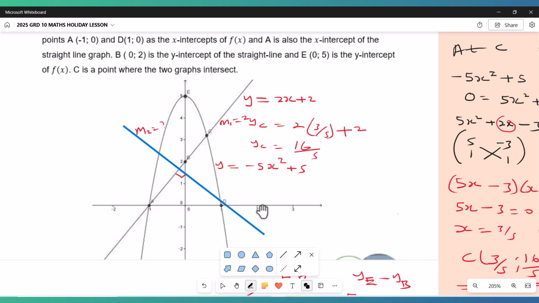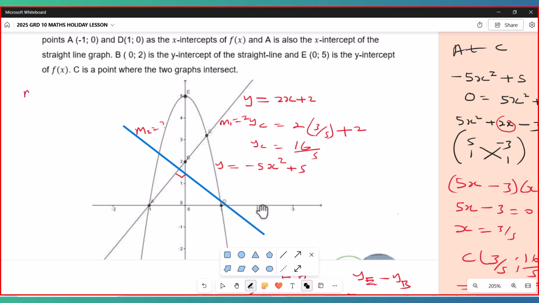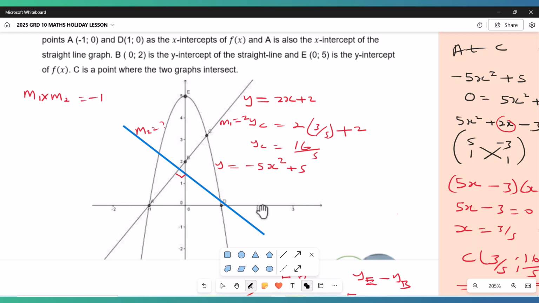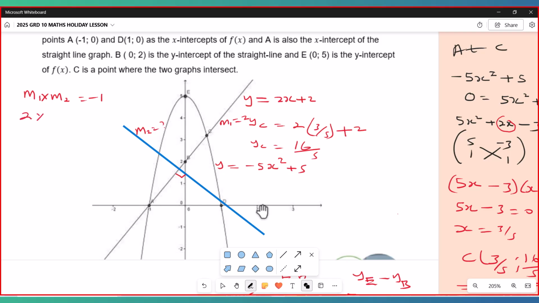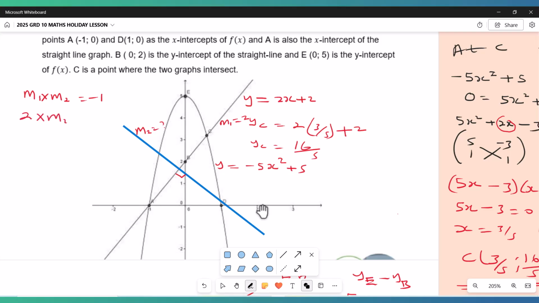We know that when the lines are perpendicular, you multiply M1 times M2 to get negative 1, okay? Our M1 is 2, then our M2 is what we're looking for, equals negative 1. So our M2 equals negative 1 divided by 2.